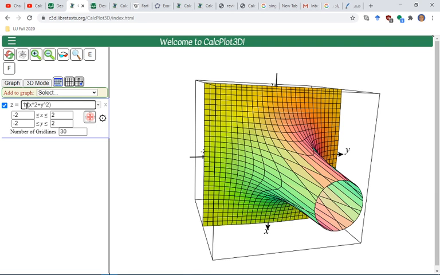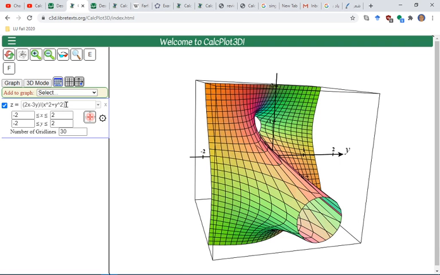Now, if in the numerator I put an expression that changes its sign, so for example 2x minus 3y, all I did in the numerator is put some simple polynomial, and then I divide.